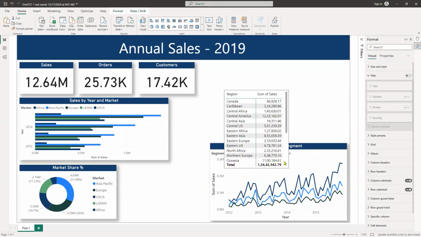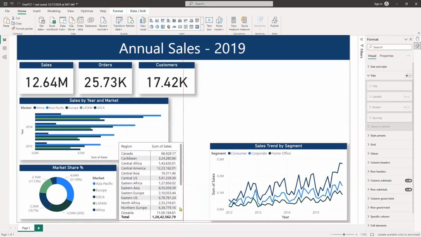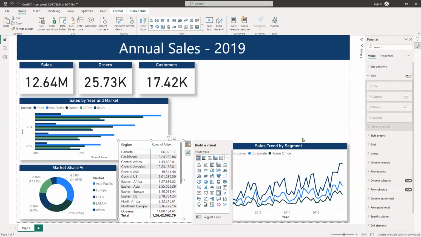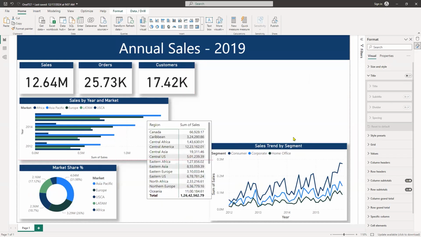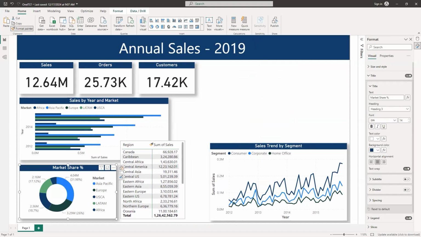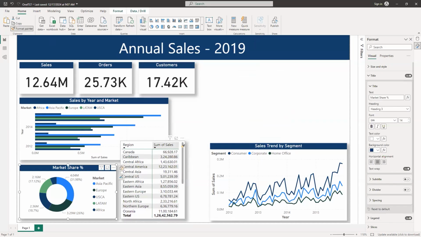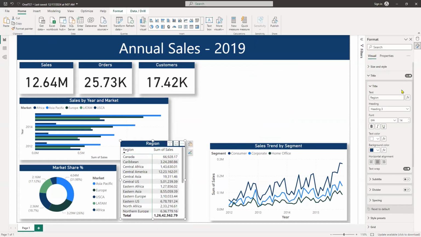I need not place the entire thing here. The title is regional sales.